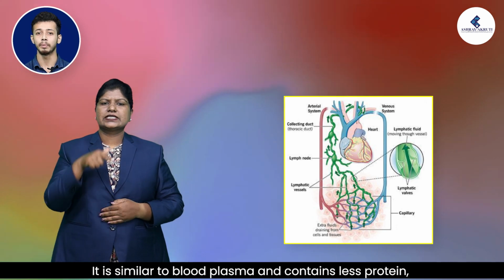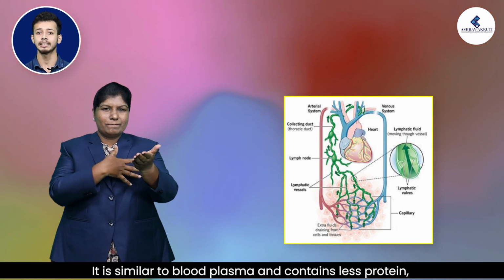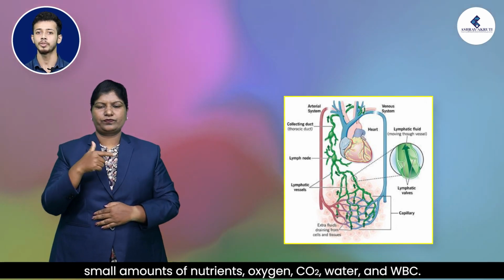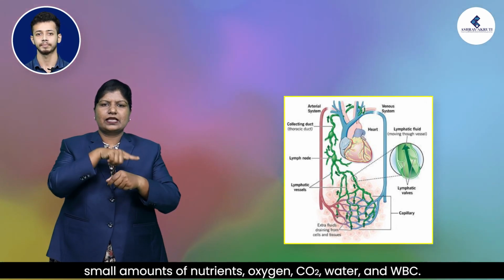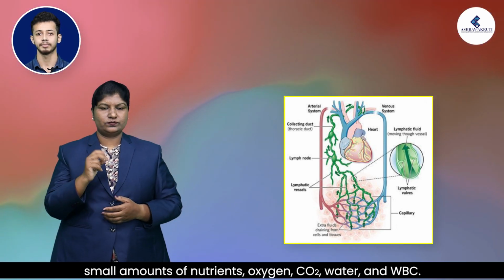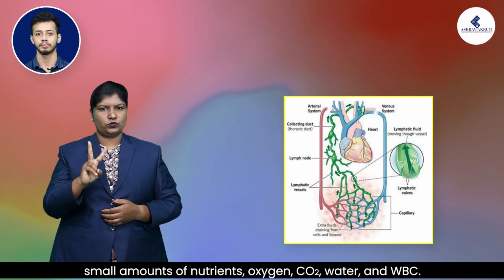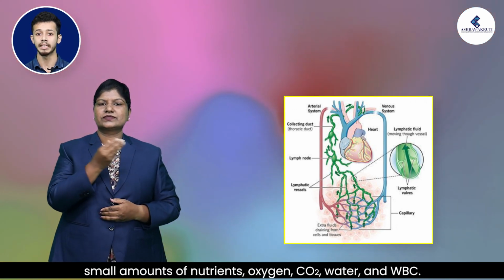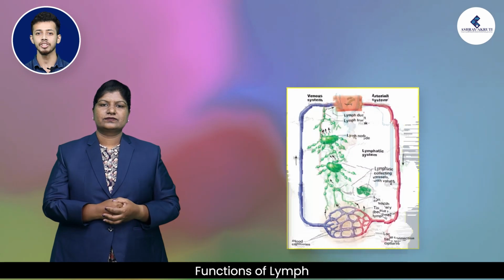It is similar to blood plasma and contains less protein, a small amount of nutrients, oxygen, CO2, water, and WBC.